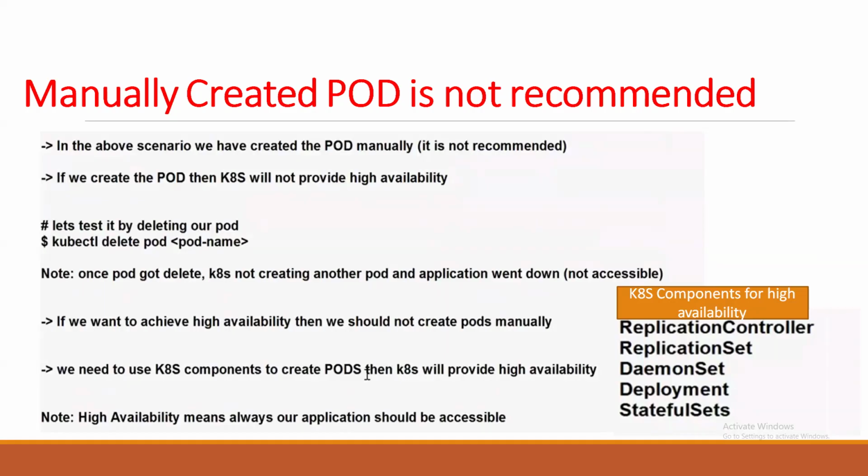So that time we need to create the replication. If you want to achieve high availability, then we should not create pods manually. We need to use Kubernetes components to create pods, so that Kubernetes will provide high availability. High availability means our application should always be accessible.